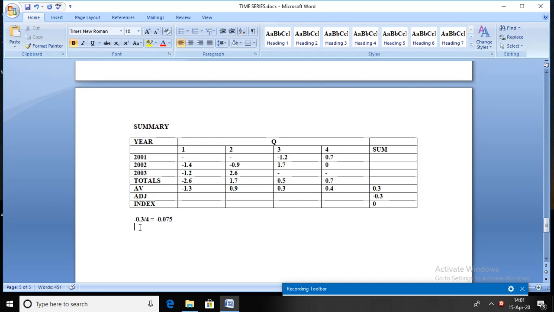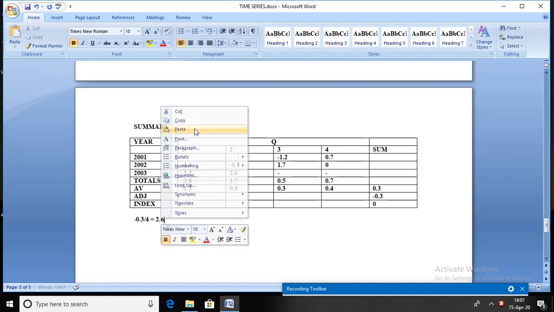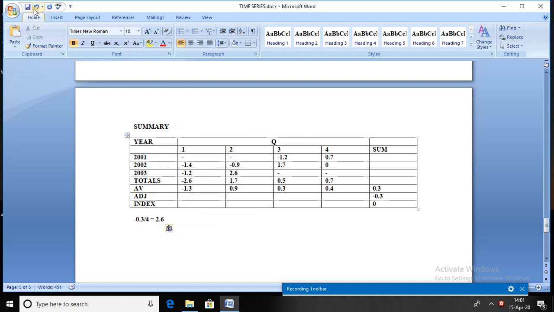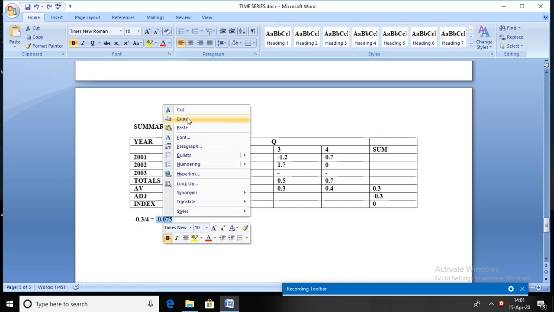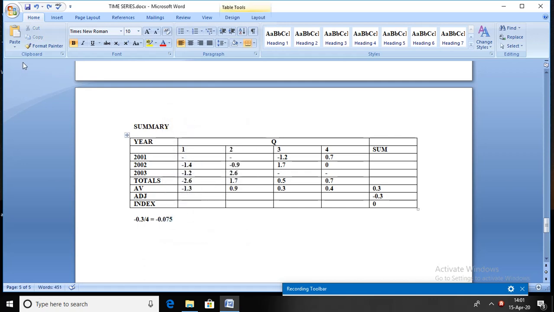So this is the value that you are going to use as an adjustment to the averages. That comes there as an adjustment, there as an adjustment, there, and there. The sum of these adjustments is what is giving us negative 0.3.